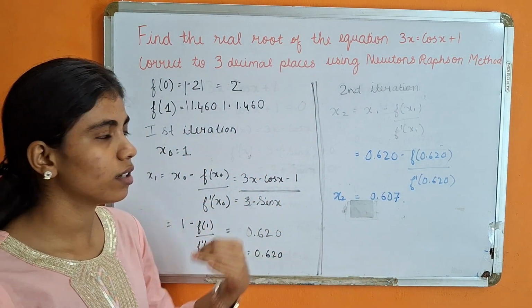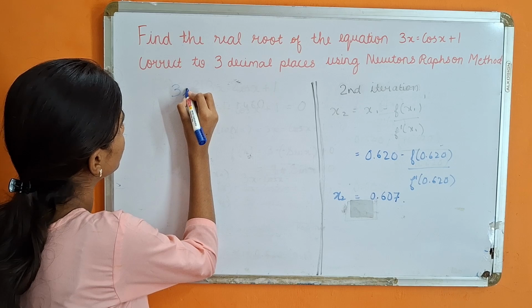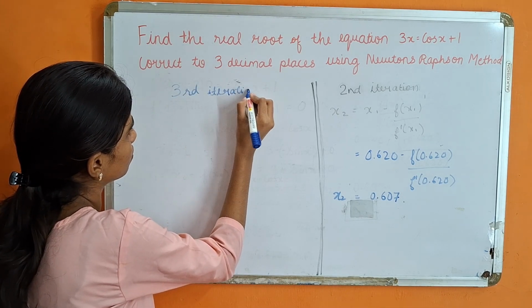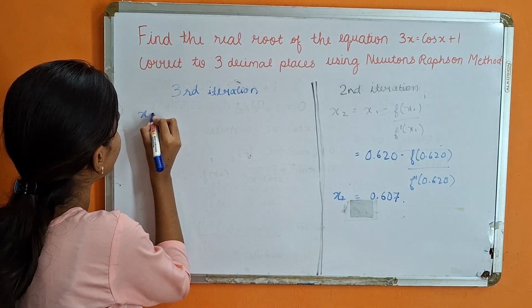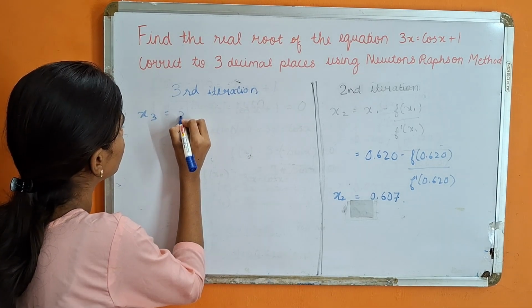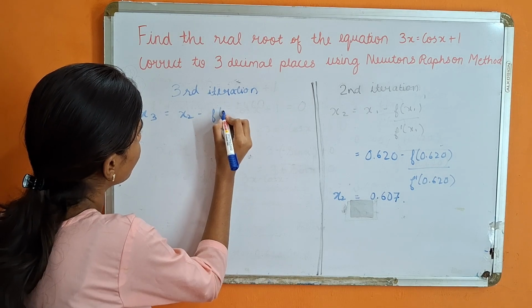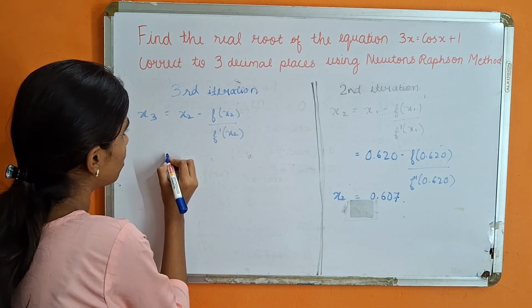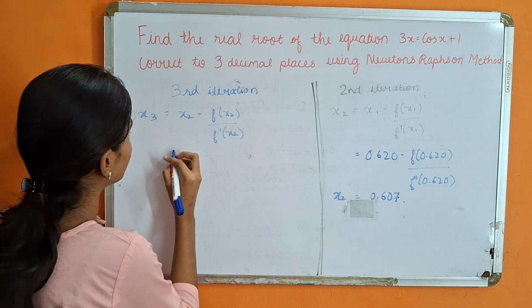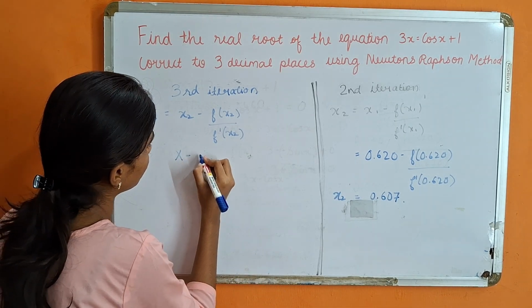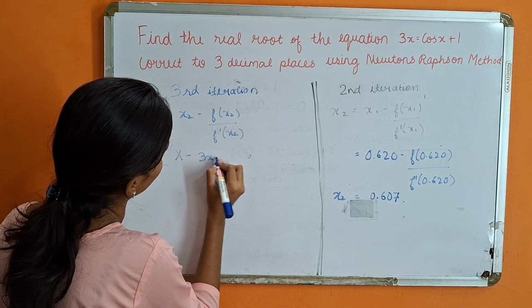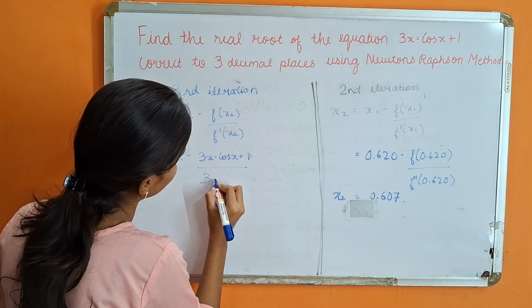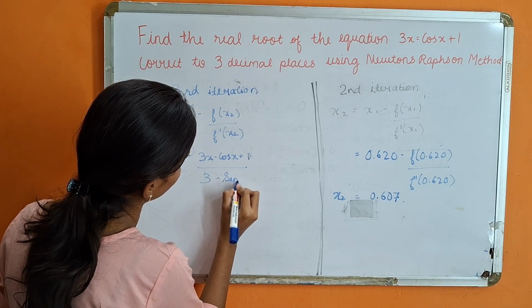Now we will solve the third iteration, where you find x3. x3 is equal to x2 minus f of x2 divided by f dash of x2. I tell you again what to write in the calculator: x minus 3x minus cos x minus 1 divided by 3 minus sin x.